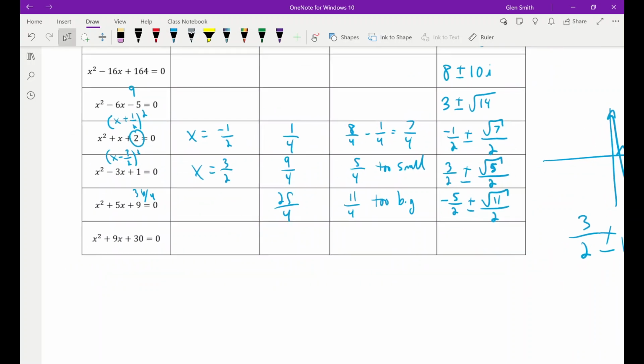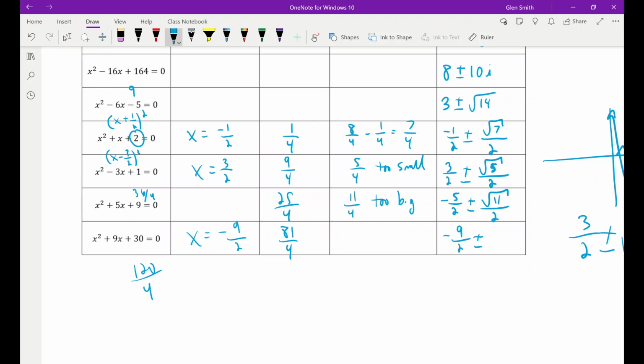And last but not least, with x squared plus 9x plus 30, if we complete the square we're going to have plus 9 halves, which means the x value is at negative 9 halves. So it's negative 9 halves plus or minus. When you square that, you should get 81 fourths. But we don't have 81 fourths, we have 30, which is 120 over 4.